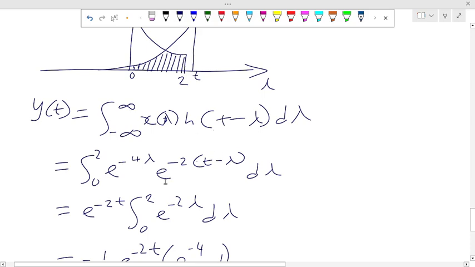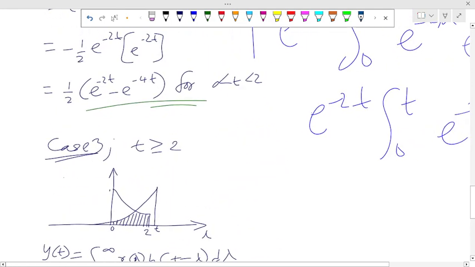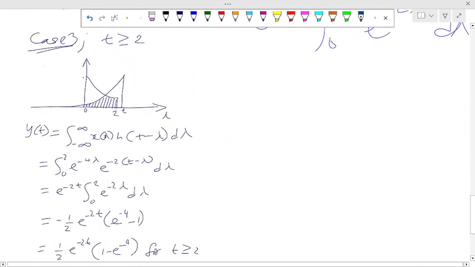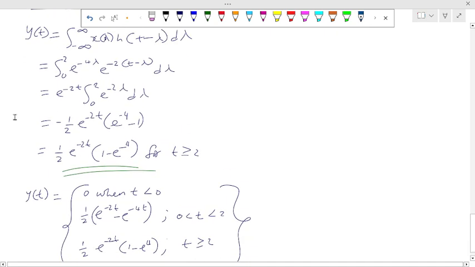The rest remains the same, and we are going to do the same simplification as with the previous one. The difference is the limit. That's all. The limit is the difference.